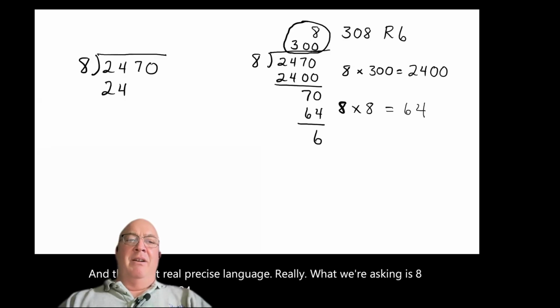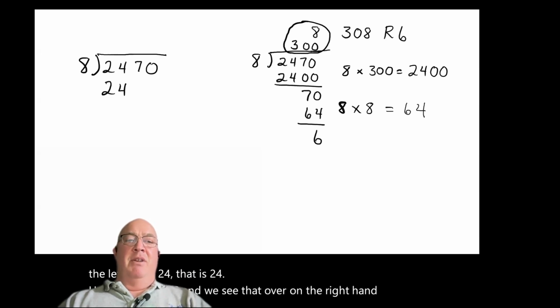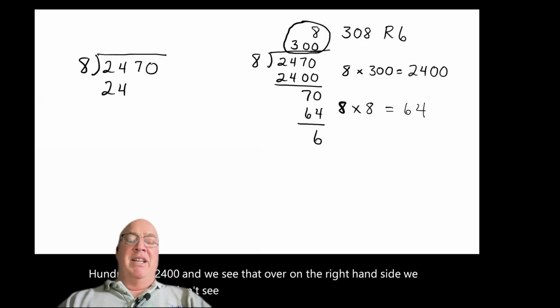Now, what's interesting here is that what you see on the left is not 24. That is 24 hundreds, or 2,400, and we see that over on the right-hand side. We see the 2,400. We don't see that here. It's not explicit. And when we write the 3, we typically write it above the 100 because we're talking about 300.